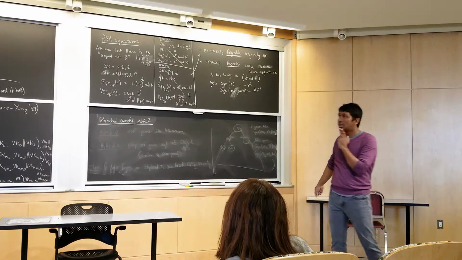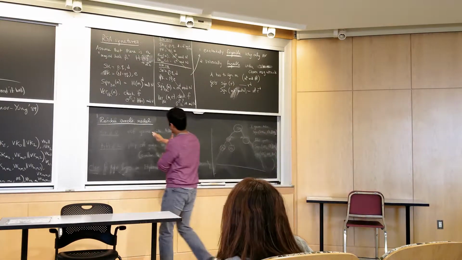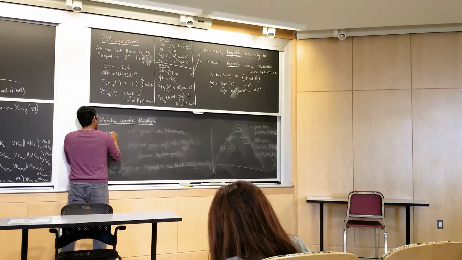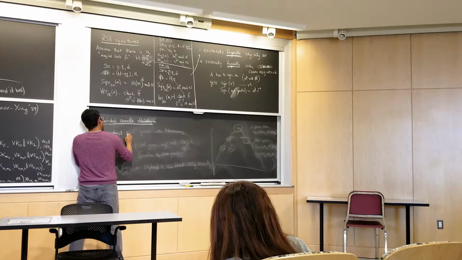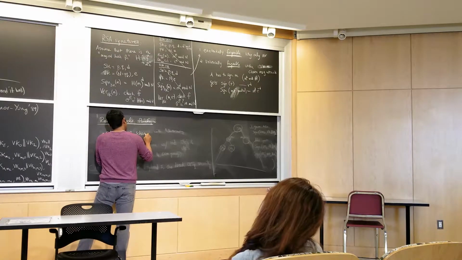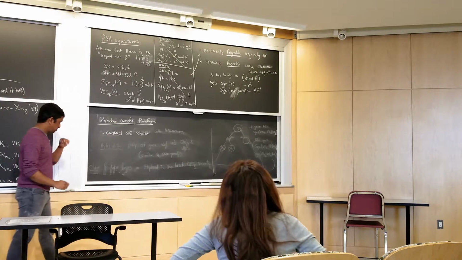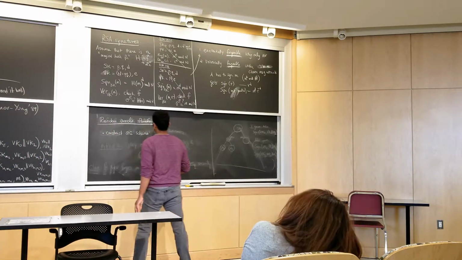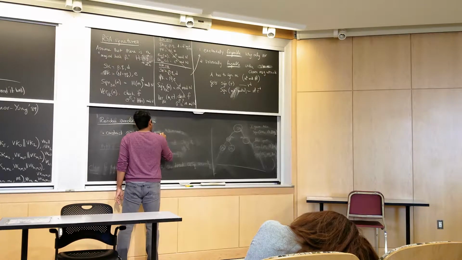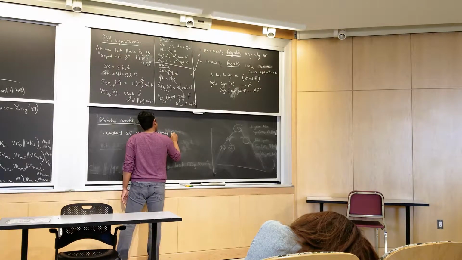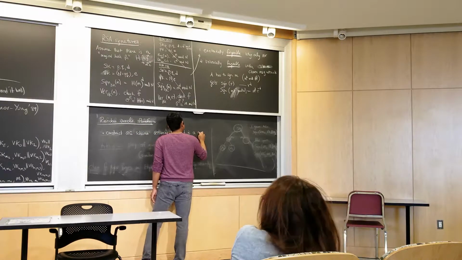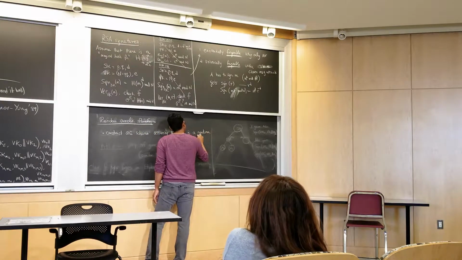What people do is: construct a signature scheme assuming that H is a random function.